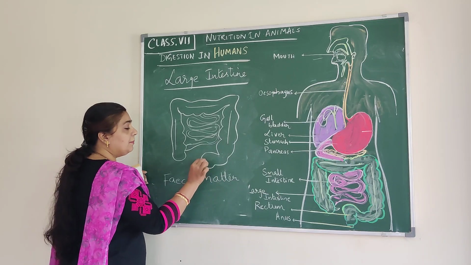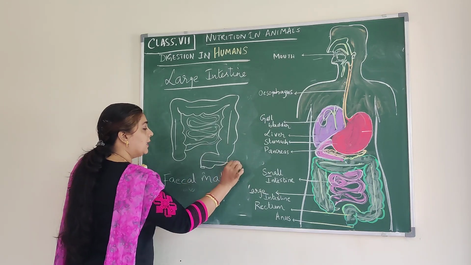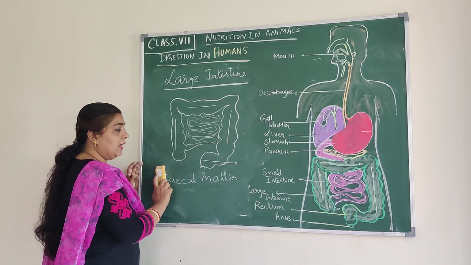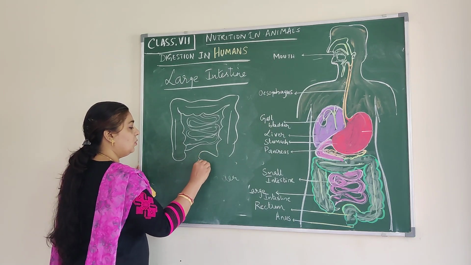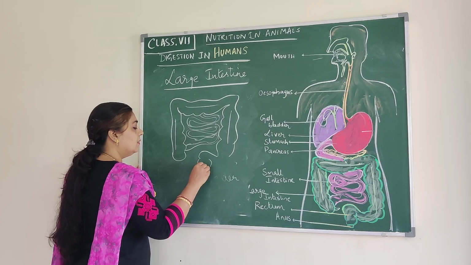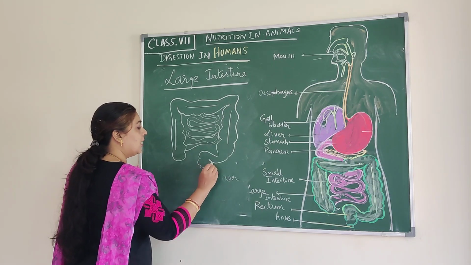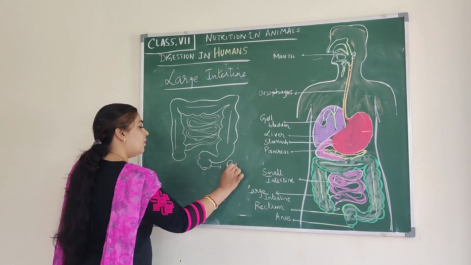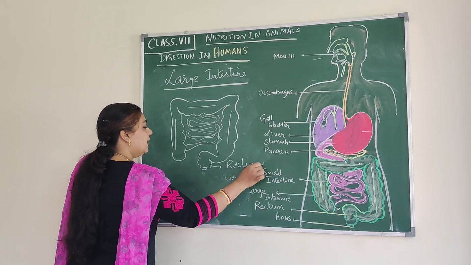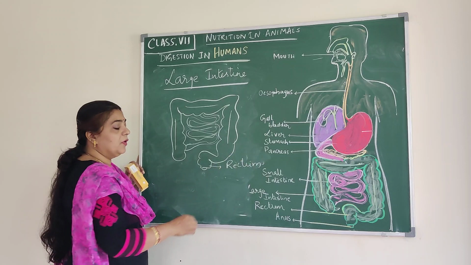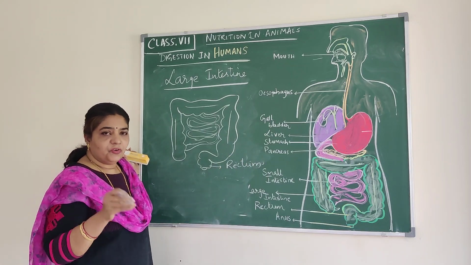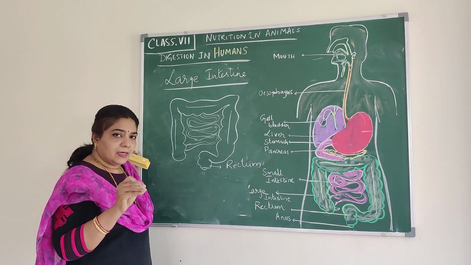Okay. That matter will be stored in a pouch-like structure. What is this pouch-like structure called? It is called rectum. Okay. This undigested food will be stored in the rectum.